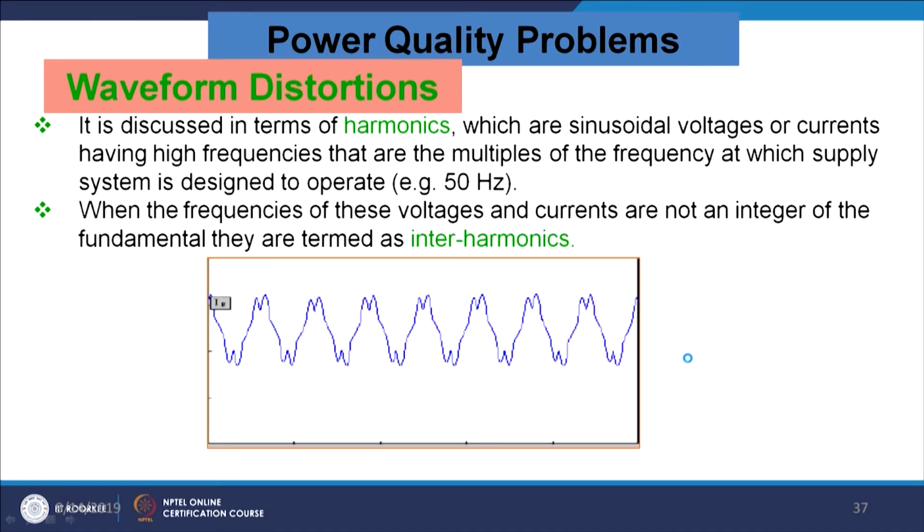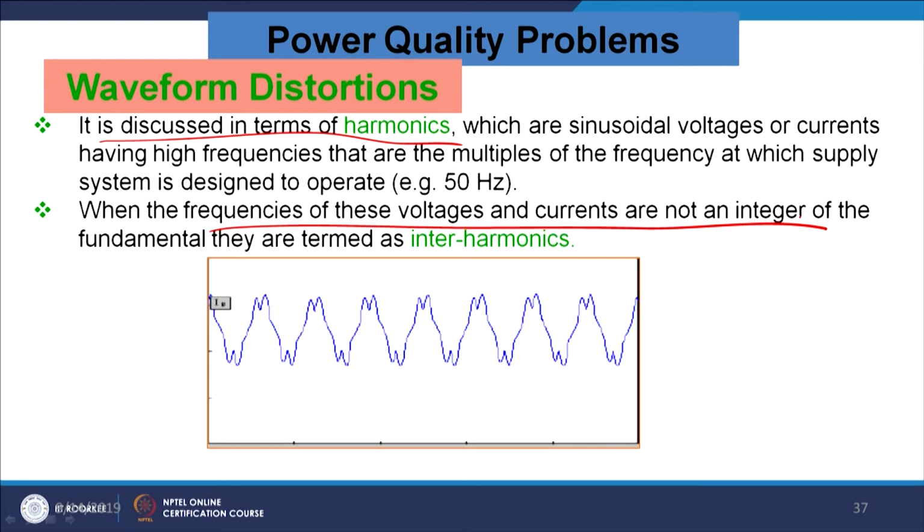Now, let us come to the harmonic part of the power quality problem. This is one of the major issues here, and it is discussed in terms of harmonics, which are sinusoidal voltage and current that have to be operated at 50 hertz. And there is another issue called interharmonics, when the frequencies of the voltage and current are not integer multiples of the fundamental.